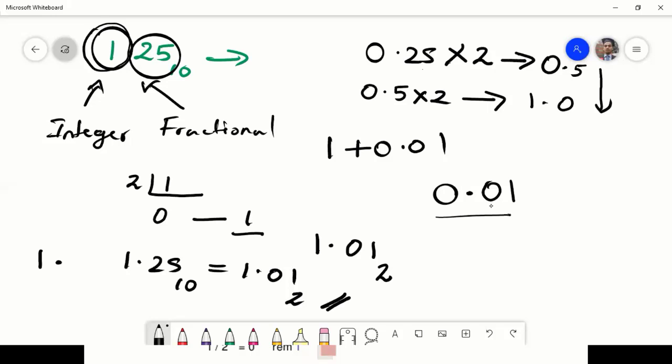Is it clear? Yes, sir. So you have to remember, for the integer part we do it the way we convert integer to binary or any other base. Likewise for the decimal or fractional part, we follow the fractional way.